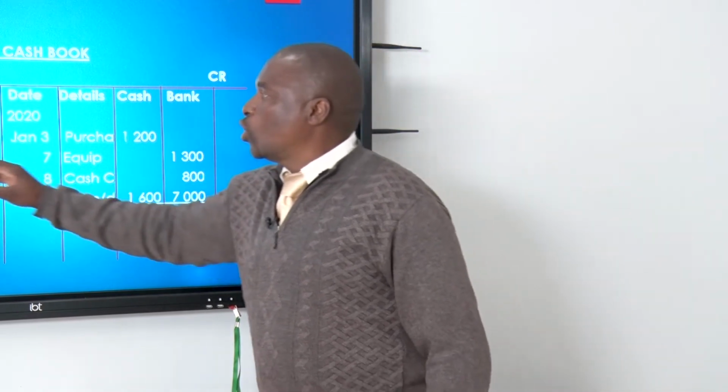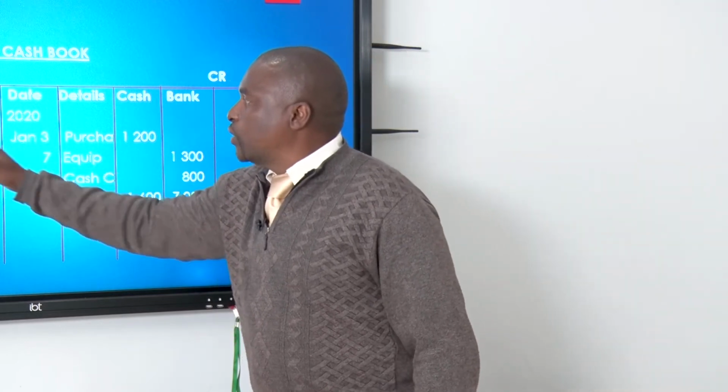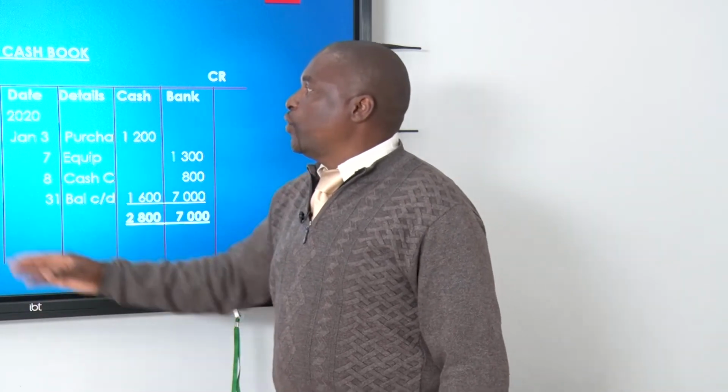You remember he started business with a capital of 2,000 and bank 5,000. So this distinction is clearly made that in the cash column you record the 2,000 and on the bank column 5,000. So whenever you read the statement check, you know it's bank. Hassan is a debtor. Now he is paying.